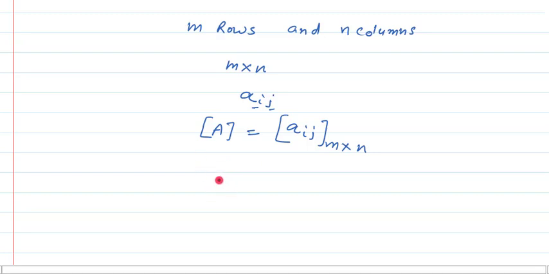This may also be written as A is equal to aij in matrix symbol m by n, meaning there is no need to put the matrix sign on A. For example, I want to write a matrix B and it is represented as aij in the matrix symbol and order 2 by 3.